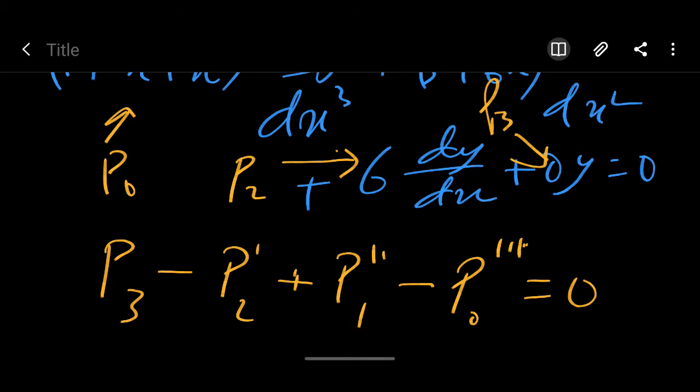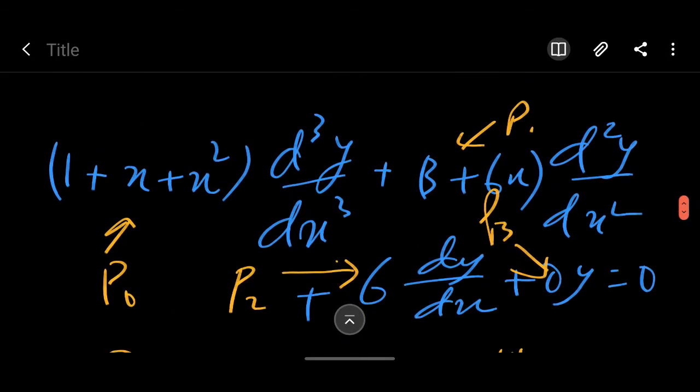What this means is, suppose P0 is the coefficient of the third order derivative. That means this P0 we have to differentiate 3 times.